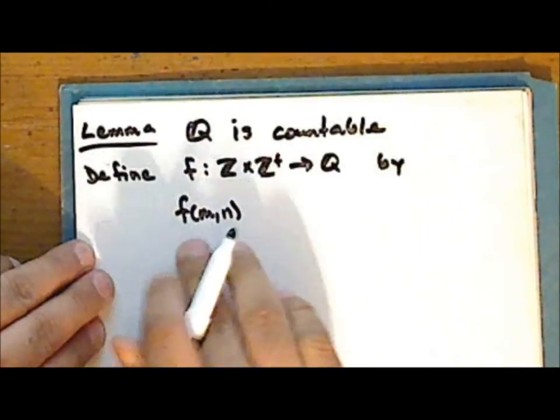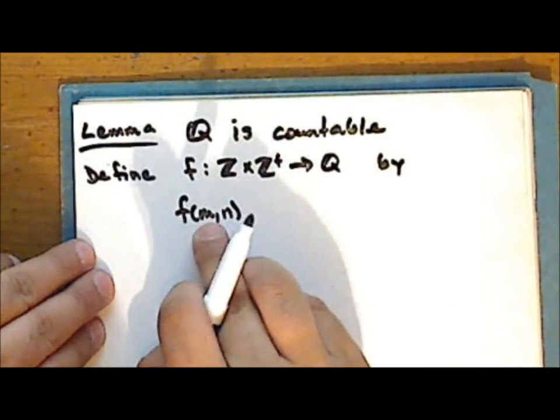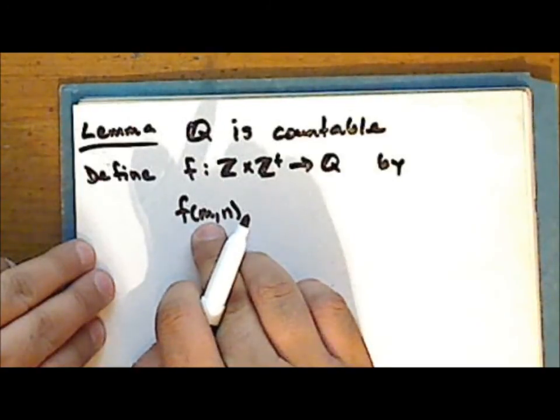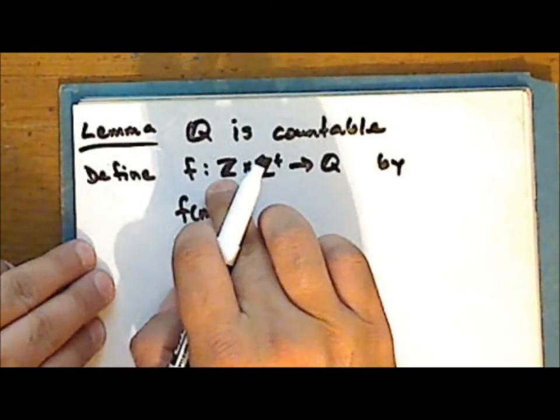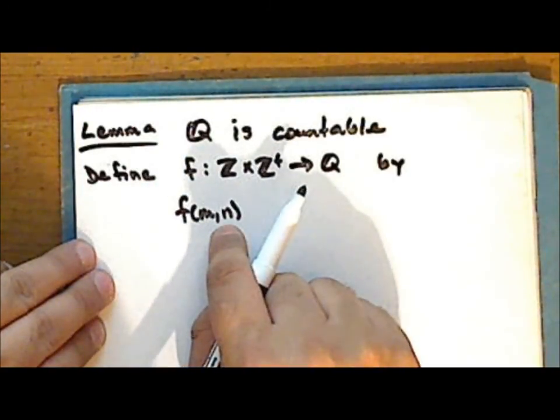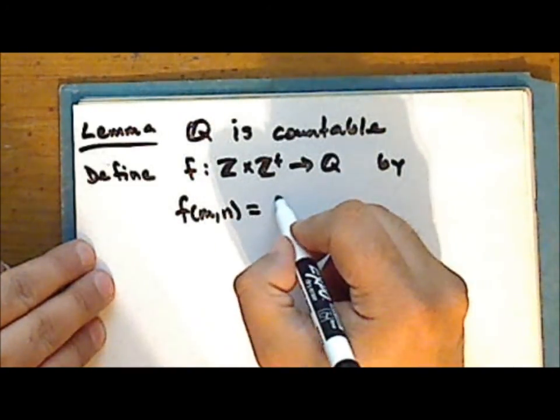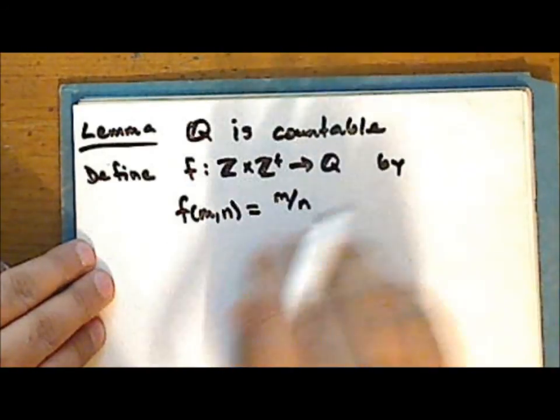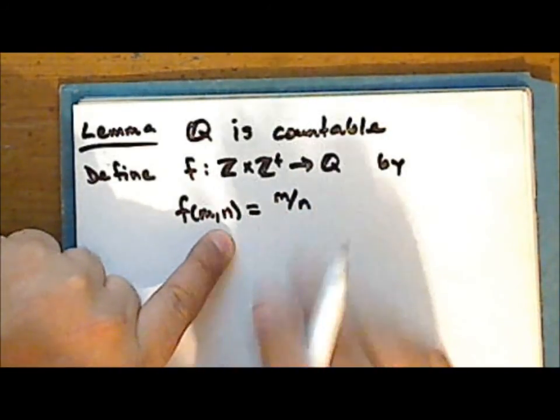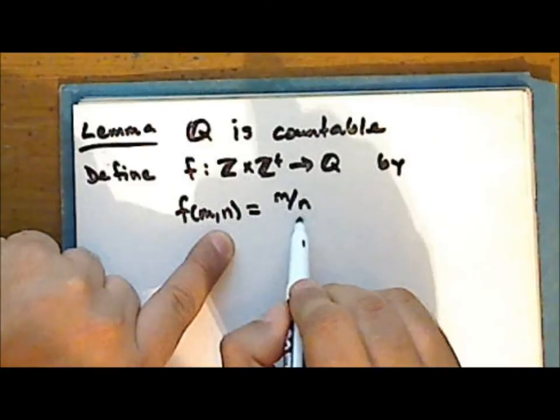So we have as an argument an ordered pair where the first element, m, comes from the entire set of integers, and the second element, n, comes from the set of positive integers. And we'll define this function by the ratio of m to n. And as the second element, n, is from the set of positive integers, it is never 0.